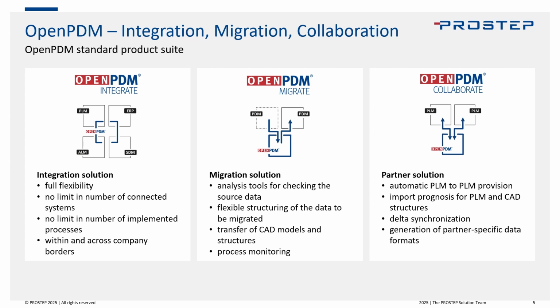But today we'll be focusing on these three. OpenPDM Integrate is an a la carte solution to bring together any number of different connected systems in order to federate data, replicate data, and really bridge that PLM, bringing data to the right user at the right time throughout your product lifecycle.